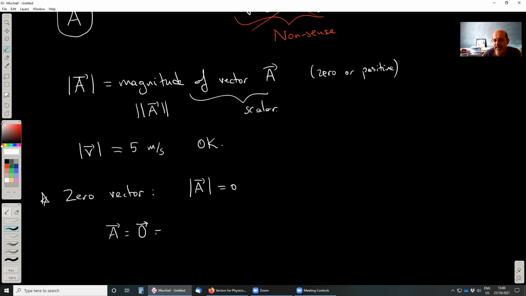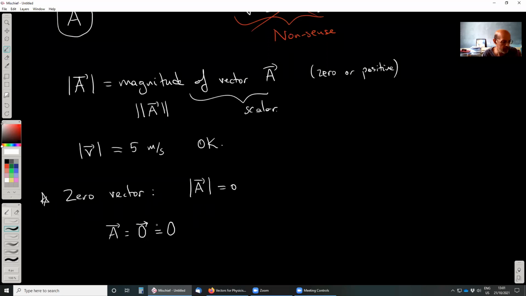So I'm just going to be sloppy and show this by a single 0 as well. But I'm not claiming that the zero vector is equal to the number 0. It is not, because numbers and vectors are different things. I just don't want to spend too much time putting an arrow on top of 0. That's actually a bad notation, but let's forget about it because nobody makes mistakes by forgetting an arrow on top of 0.